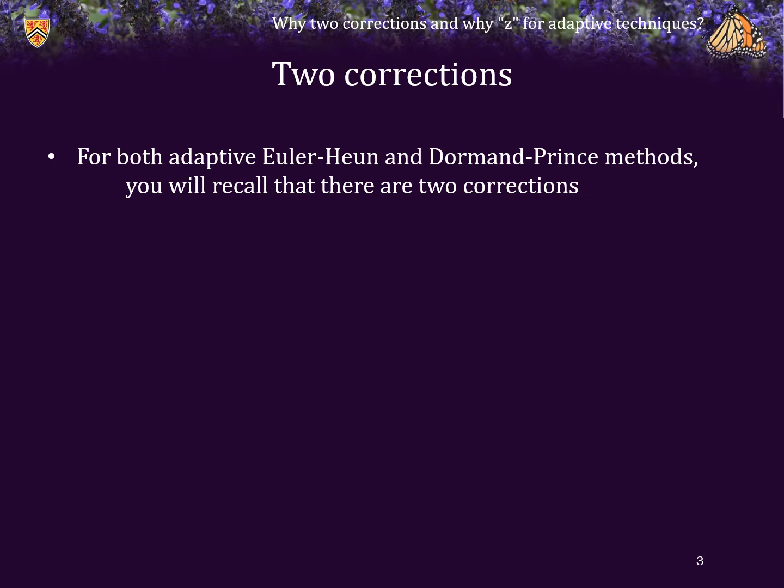To begin, you'll recall that for both adaptive Euler-Heun and the adaptive Dormand-Prince methods, there were two corrections we made.